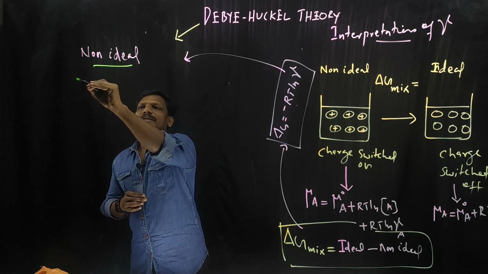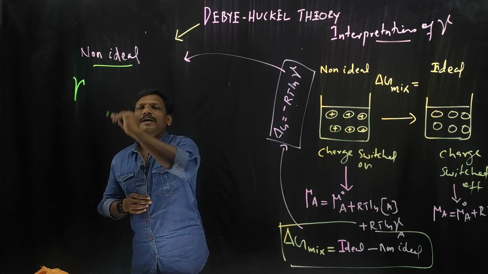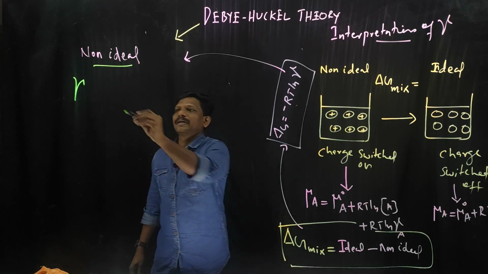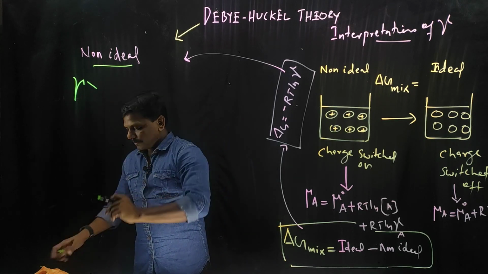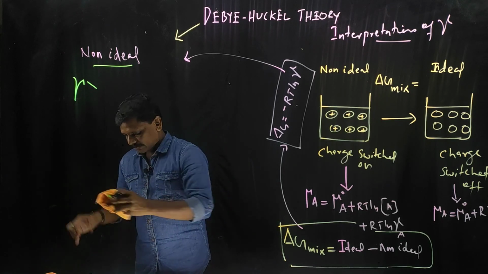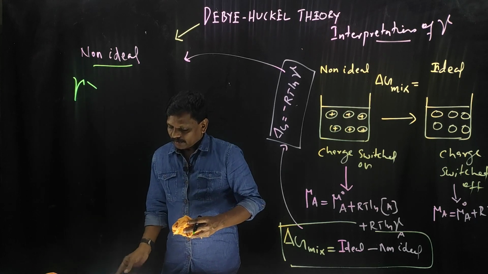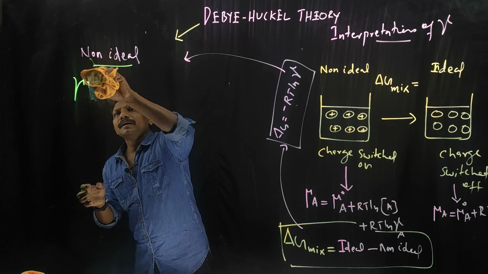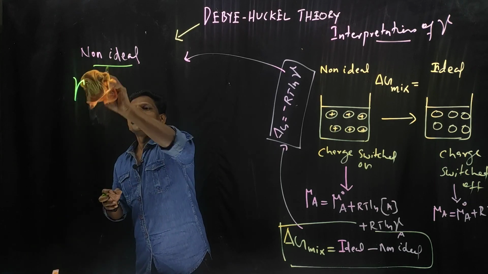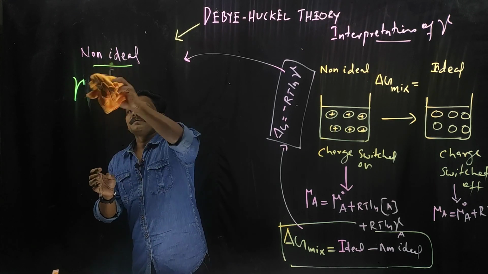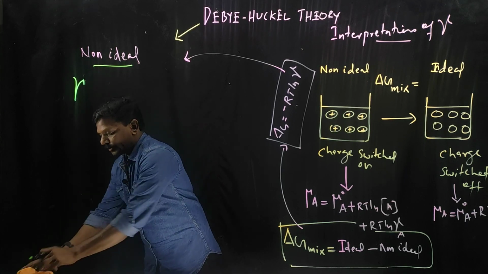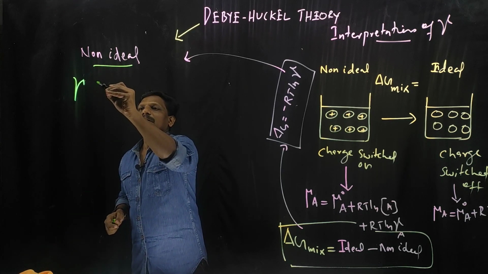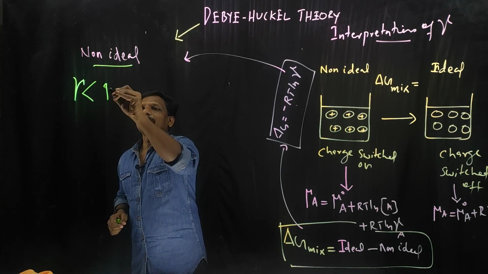We already discussed that in the case of non-ideal solutions, this gamma is smaller than 1.